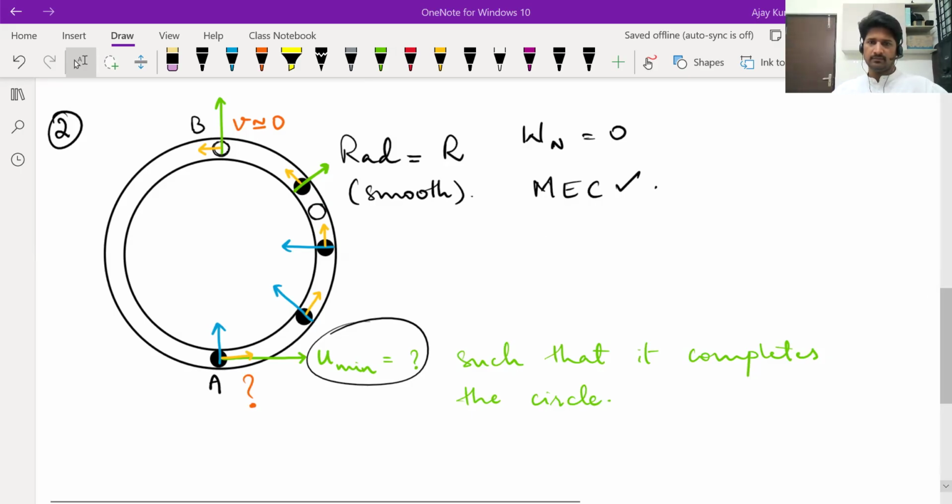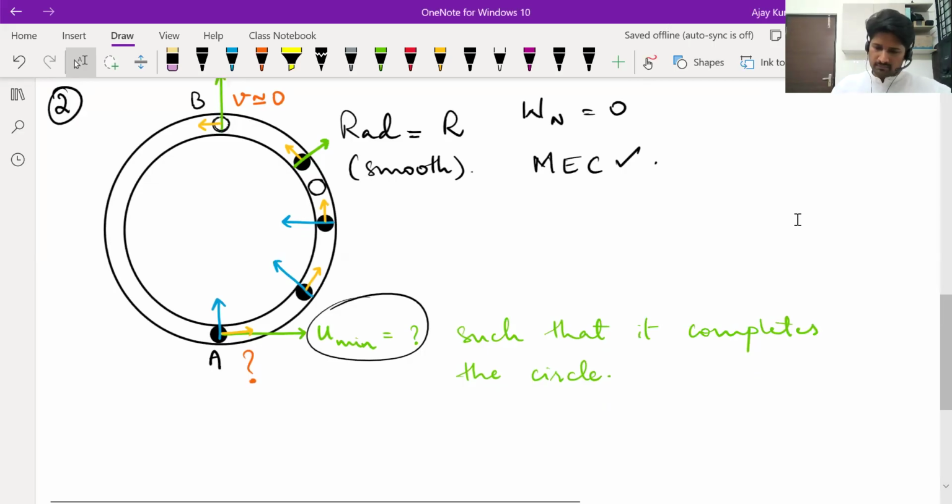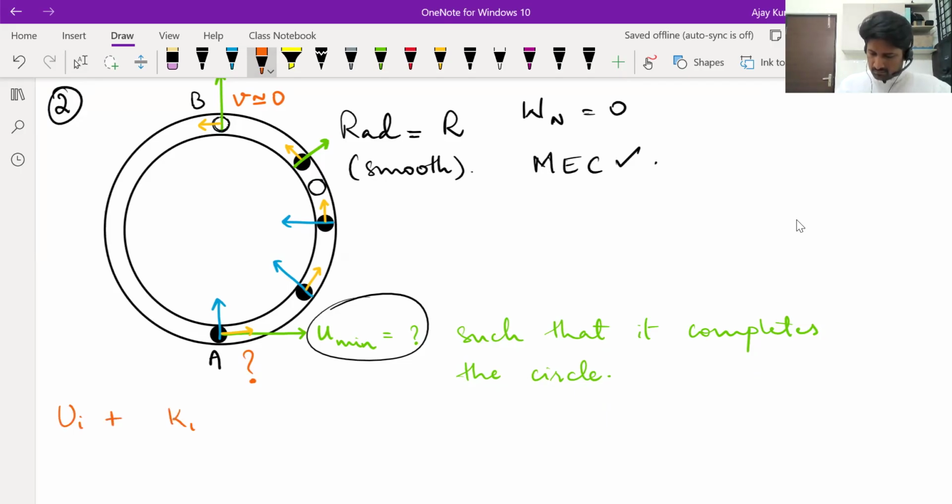Sure, so it'll be mgr. Wait. This is how we apply mechanical energy conservation. What kind of potential energy are we supposed to consider? Gravitational or elastic? Gravitational.